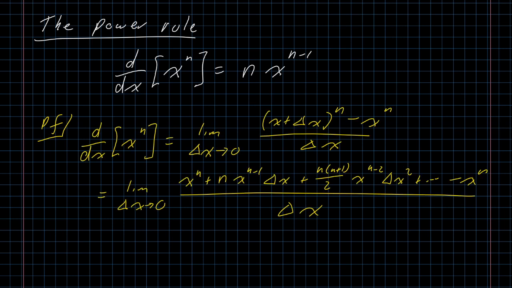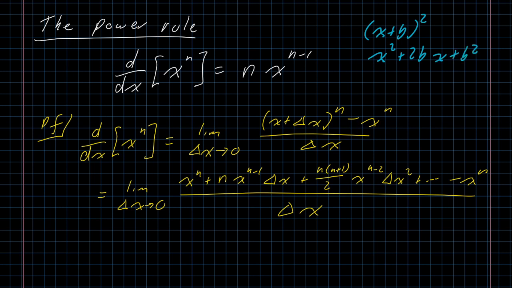You can see for this one, I am going back to the delta x goes to 0 version of the limit definition of the derivative. And then immediately I do something that looks really crazy. X plus delta x to the n power. This is the binomial expansion. It follows Pascal's triangle or anything else you may have seen in the past. At the very least, you should be very familiar with the expansion. x plus b squared is x squared plus 2bx plus b squared.